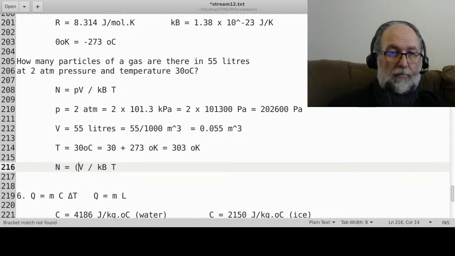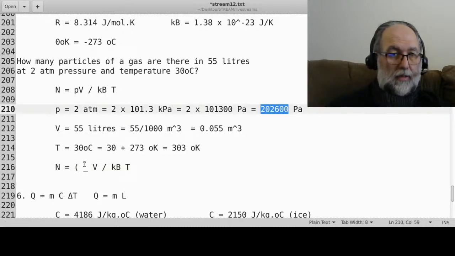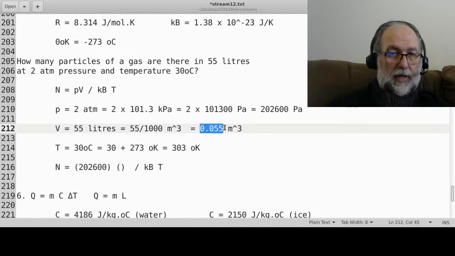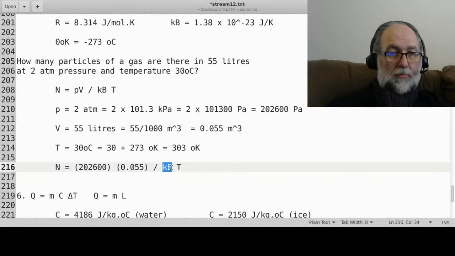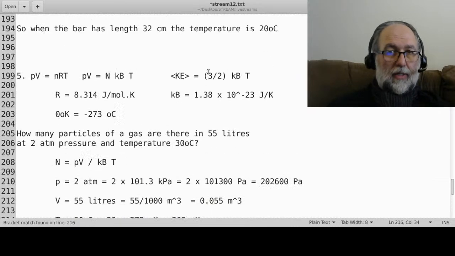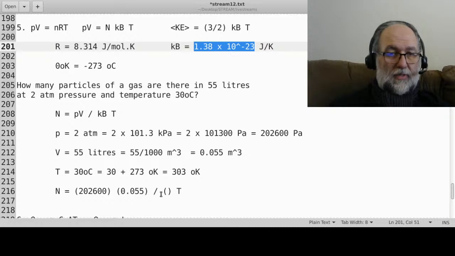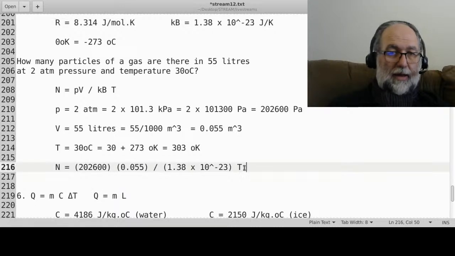For P, we're going to put in this number right here. For the volume, we're going to put in this number right here. For K Boltzmann, we're going to put in 1.38 times 10 to the minus 23. And for the temperature, we are going to put in 303.